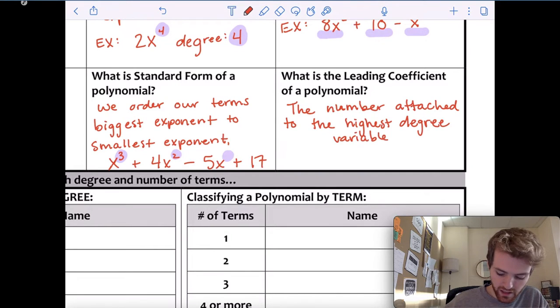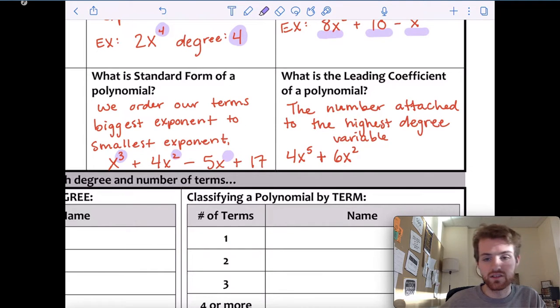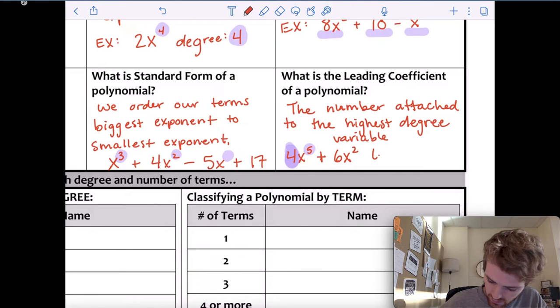For example, if we had 4x to the 5th plus 6x squared, well, the highest degree is this 5th power, so the leading coefficient is just that number 4.